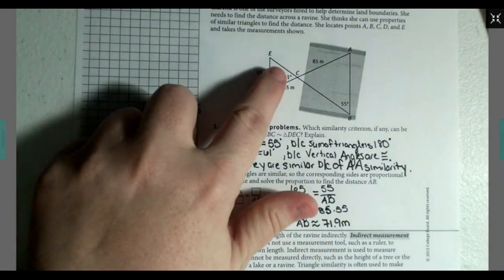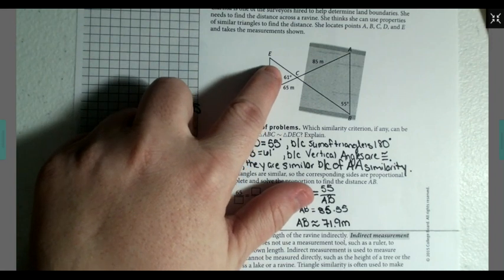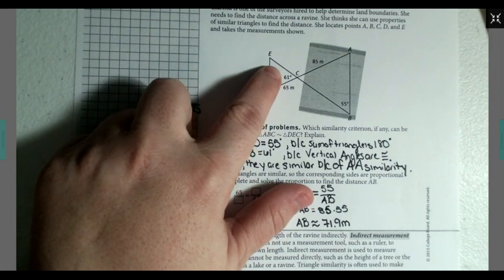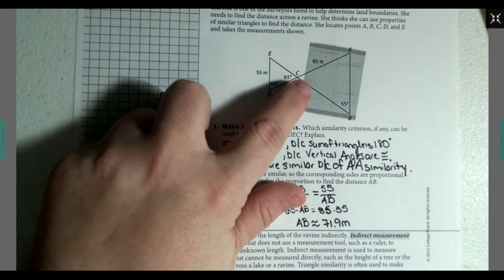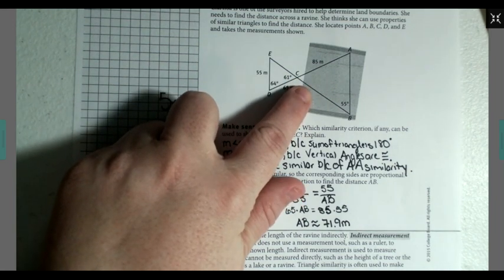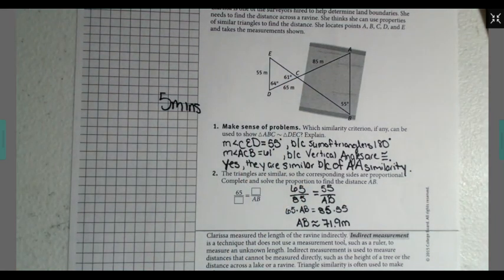So because I know that each triangle has one angle measure of 55 degrees and a measure of 61 degrees, then the two triangles are similar by the angle-angle similarity.